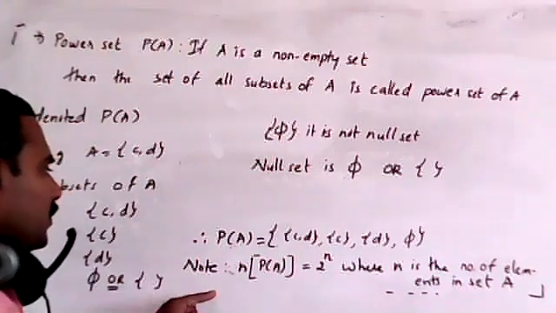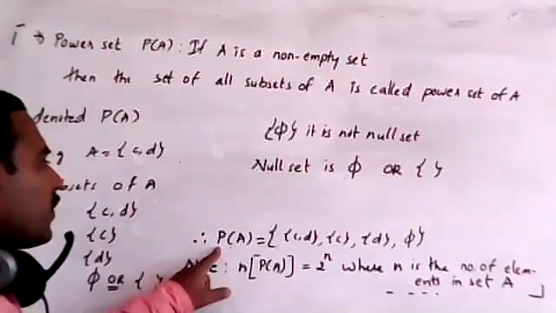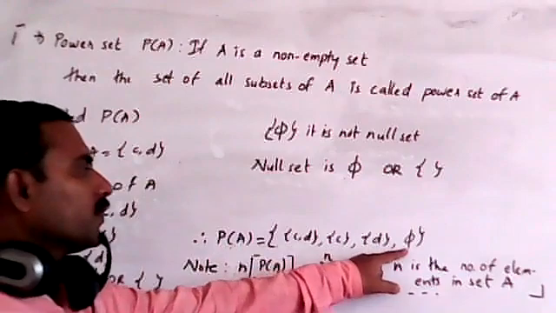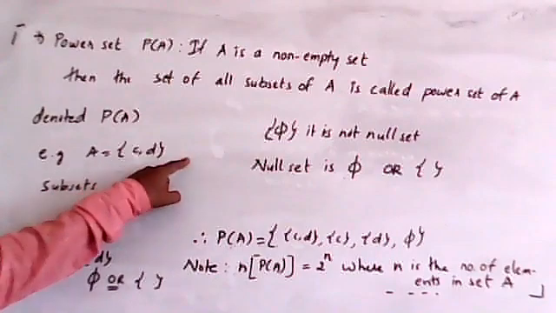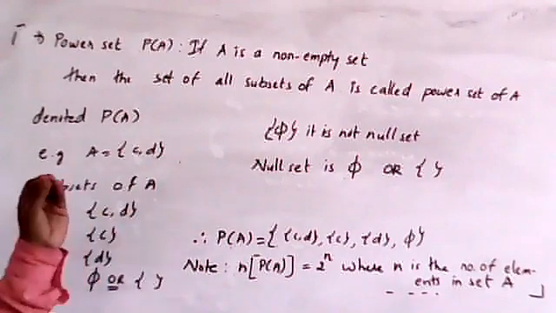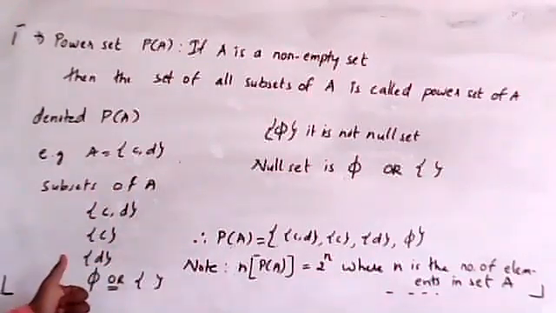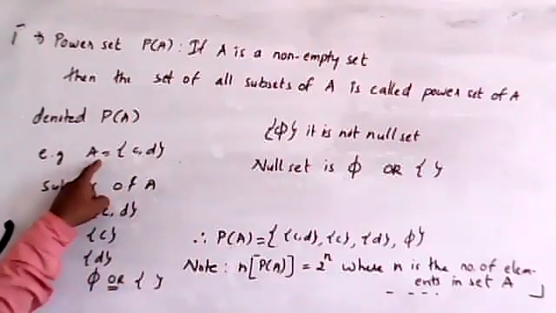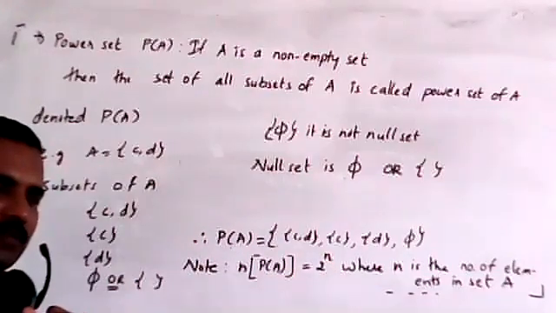Suppose you want to find out how many subsets there are in the power set of A. You count: 1, 2, 3, 4. Suppose instead of C, D, we had C, D, E, F, G. How many elements? 5 elements. Before writing all these, we can judge how many possible subsets there are. There's a formula, 2 to the power of n. Suppose set A has 5 elements, that is 2 to the power of 5, which is 32.